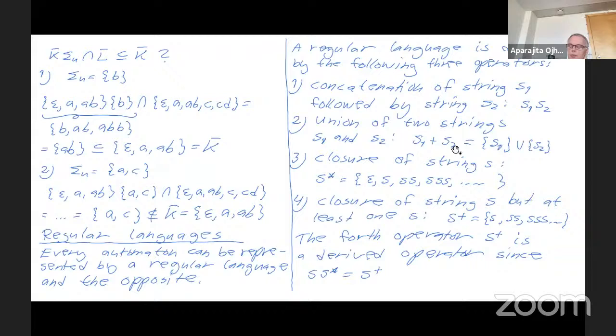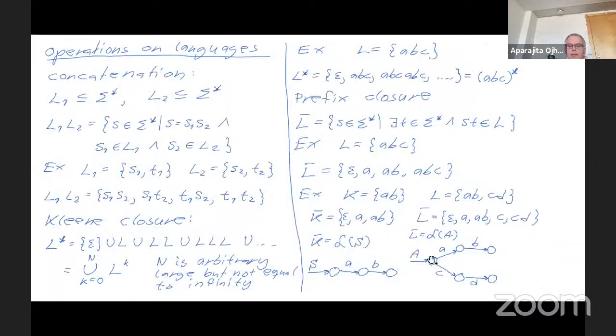So S1 plus S2 is the operator for taking the union of 2 strings, and it means that you have 2 alternatives. For instance, in this case, you have either the alternative AB or CD. The language here could be considered as the union of AB and CD. This is a regular language because the union operator is a part of a regular language, and it's also a way to describe these 2 alternative choices in the automata.